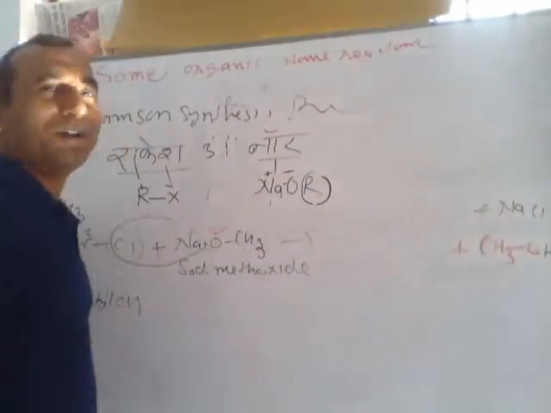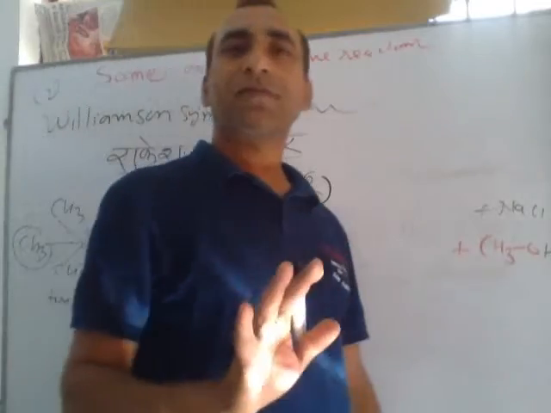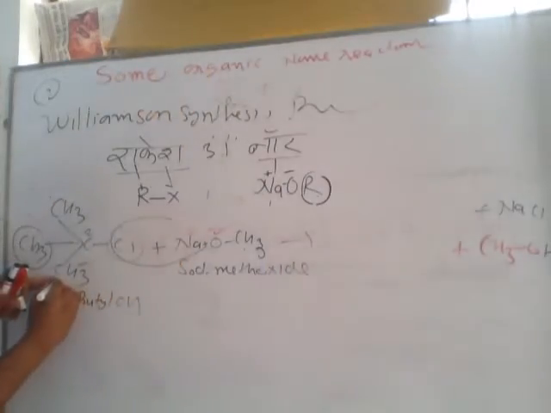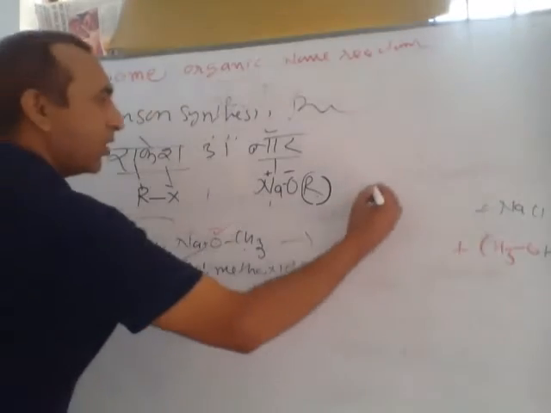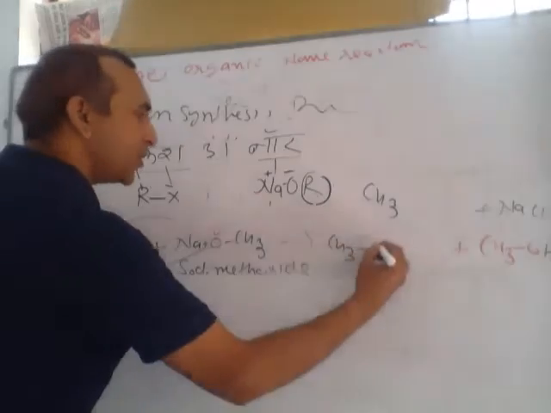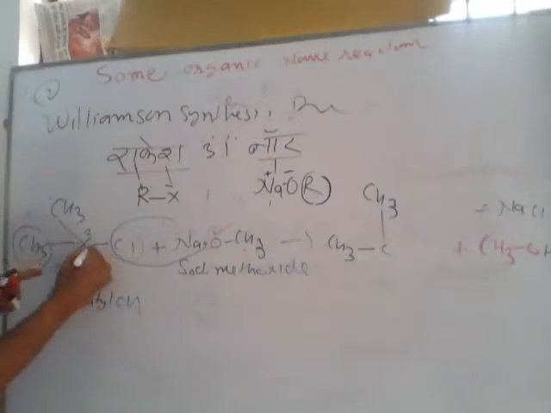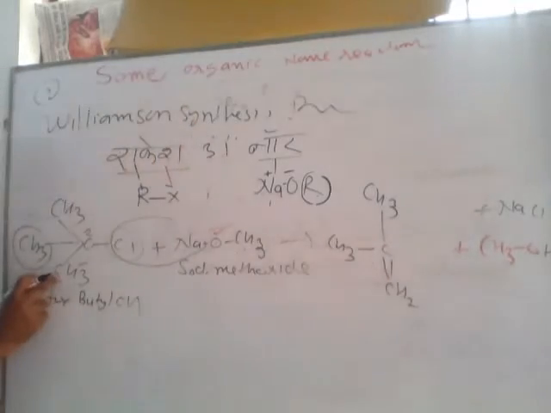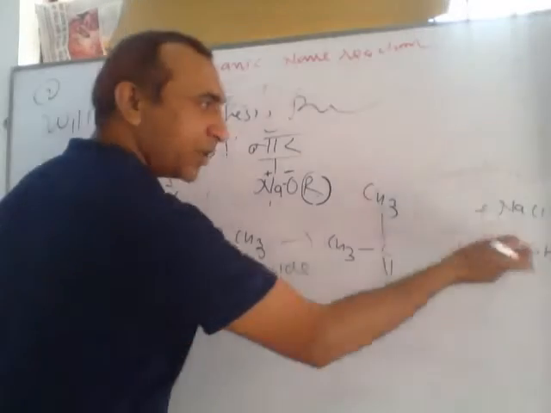Here methyl alcohol is formed, not ether. And what is the remainder? Suppose the hydrogen is removed from here. So CH3, this is CH3, both connected with carbon, and this carbon forms a double bond with CH2. So an alkene along with methanol is formed.